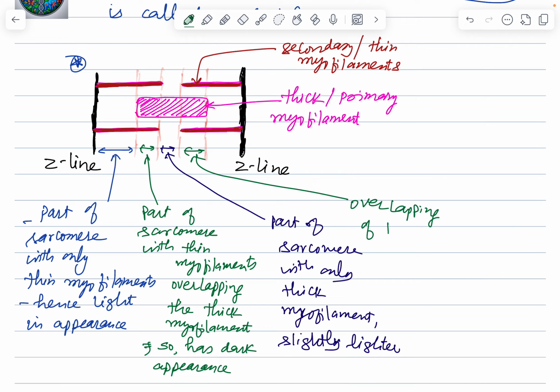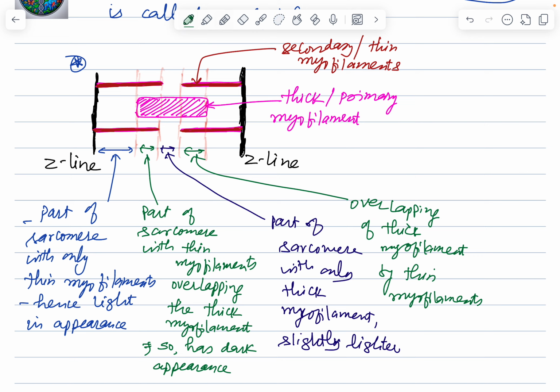The overlapping of thick myofilaments by thin or the secondary myofilaments.